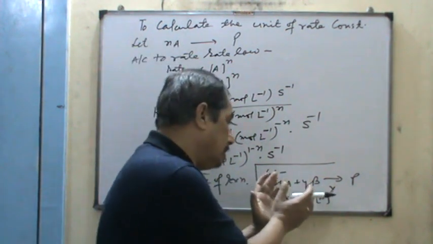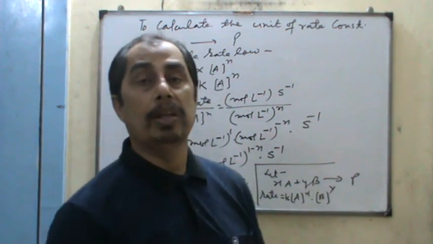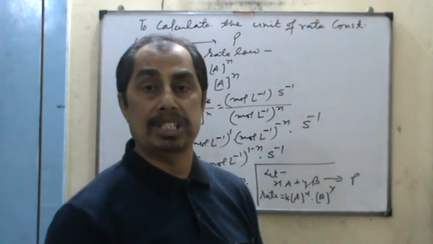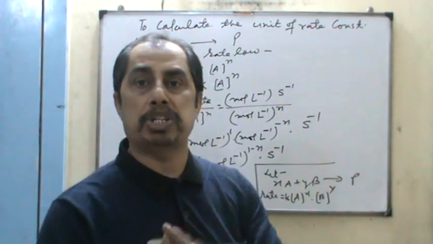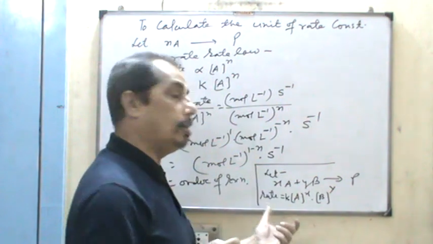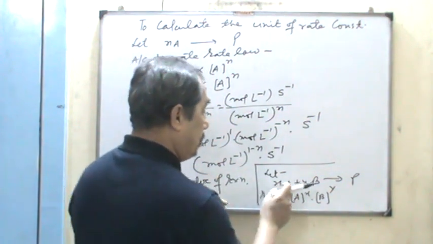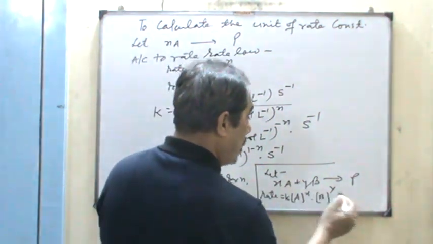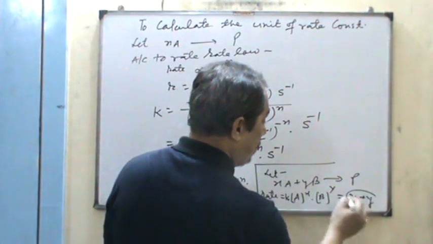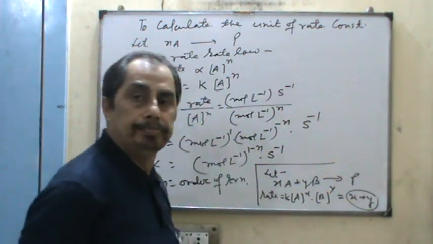The sum of the powers of the concentration of the reacting species used in the rate law expression is known as the order of reaction. So for this reaction, the order of reaction is x plus y.